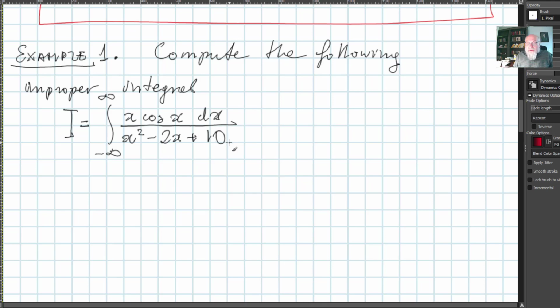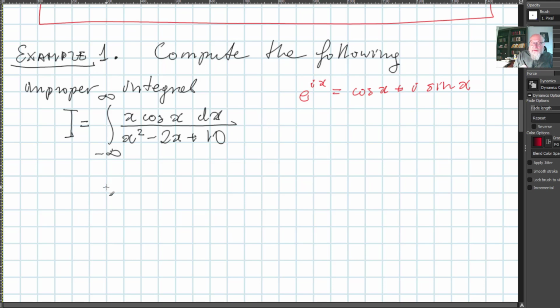And immediately we recognize that this corresponds to the situation when we have e^(ix), which is equal to cosine x plus i sine x. So actually we can compute not only that integral but also the integral with sine.